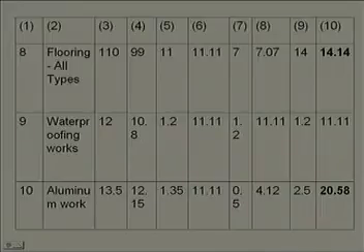Now, for aluminium work, which is item number 10, you find that 20.58% has been used. Here also you must notice that it is a very high margin when compared to the uniform loading of 11.11%.